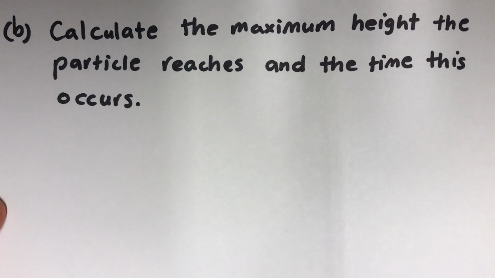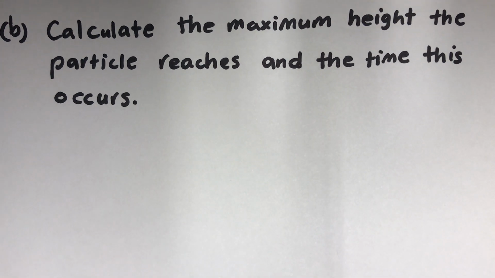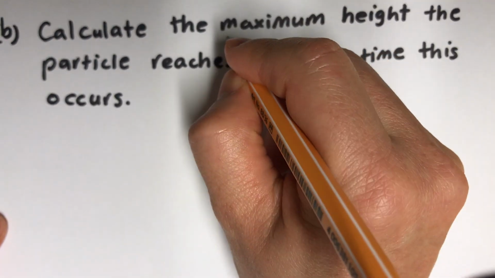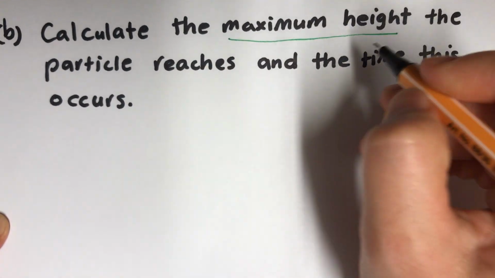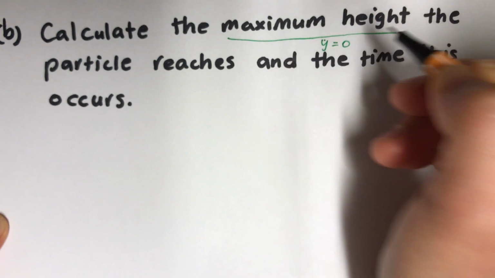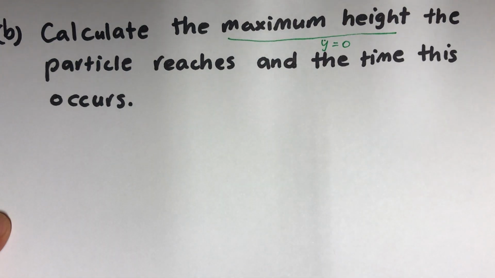All right, next one: calculate the maximum height the particle reaches and the time this occurs. For maximum height, I'm going to use the point when the velocity y dot equals 0. As soon as you see a clue from the question, underline it and write an expression or equation.